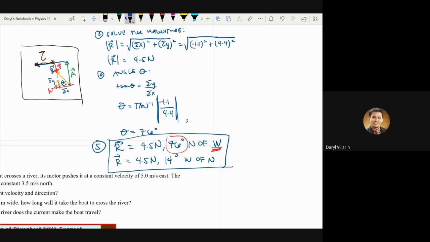So to get rid of that misconception of the negative angle here, you might be thinking that negative 76 is an angle measured from your positive x-axis and then rotating in the clockwise direction. Okay. Any other questions?